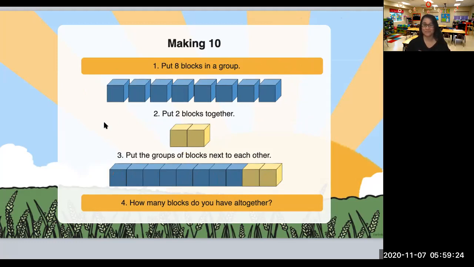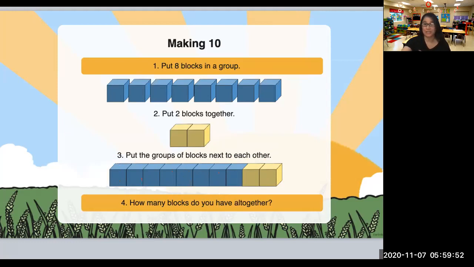Let's count them. 1, 2, 3, 4, 5, 6, 7, 8, 9, 10. You are correct. 8 blocks plus 2 blocks together makes 10. You now have a group of 10. Good job. You're doing great.